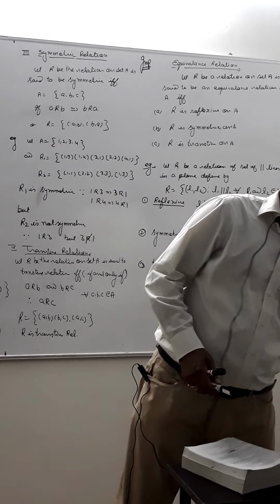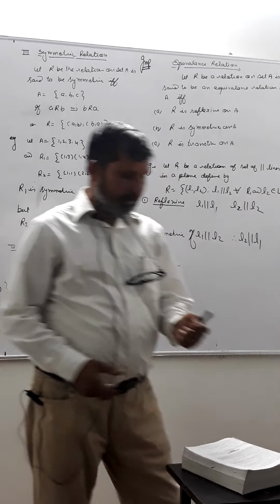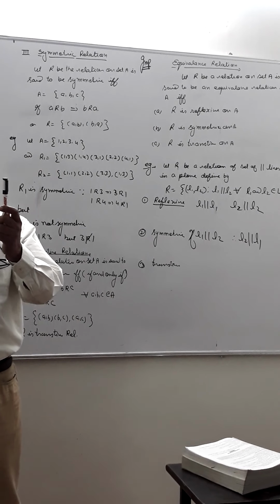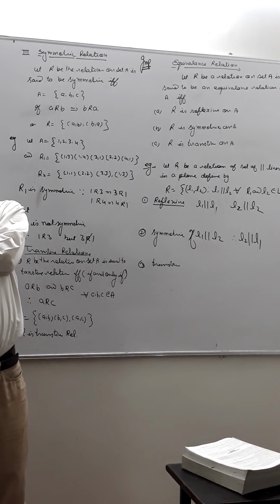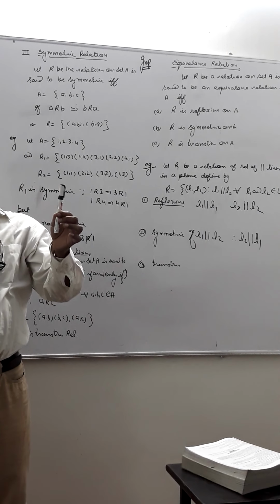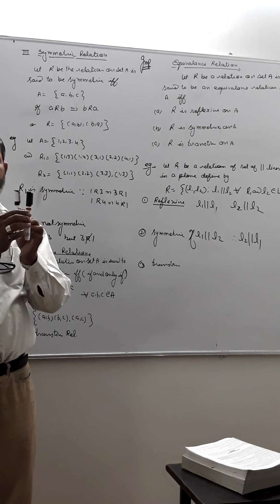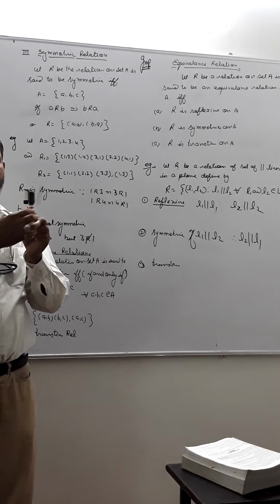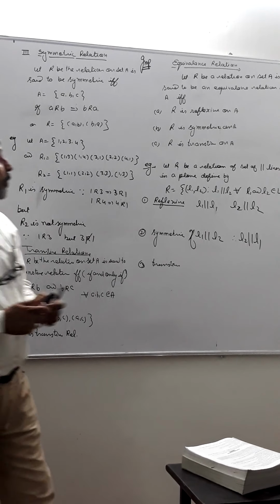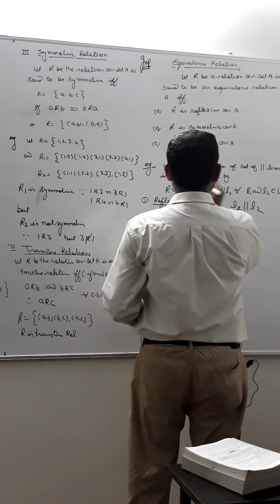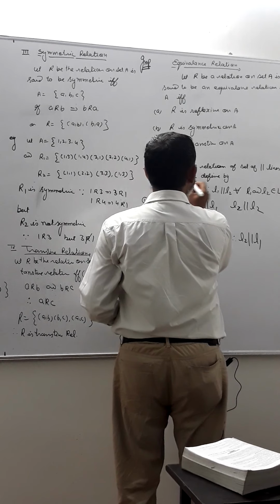Third case, if the first line is parallel to the second and the second is parallel to the third, then the first and third are also parallel, because it is given in the same plane.